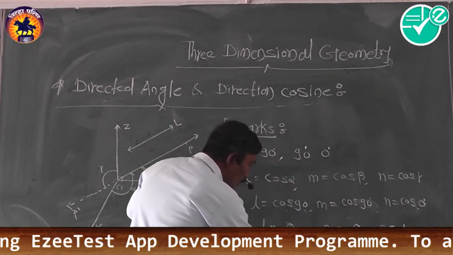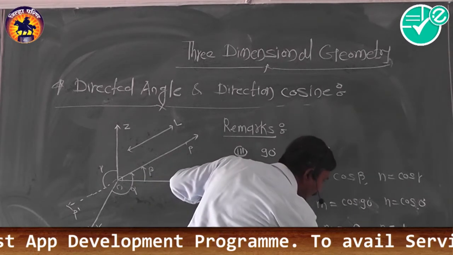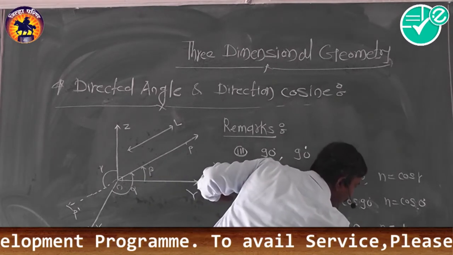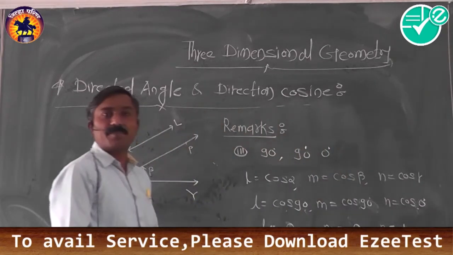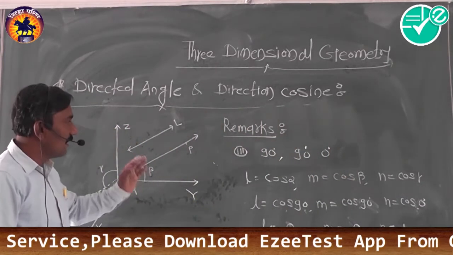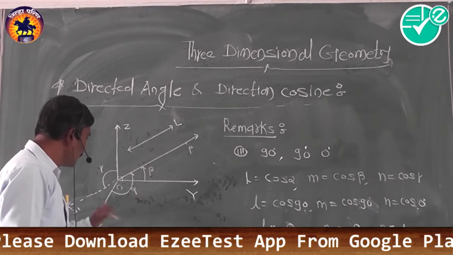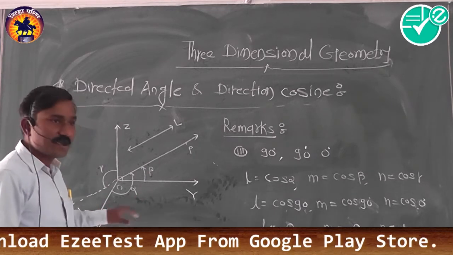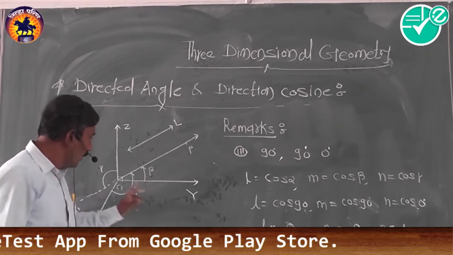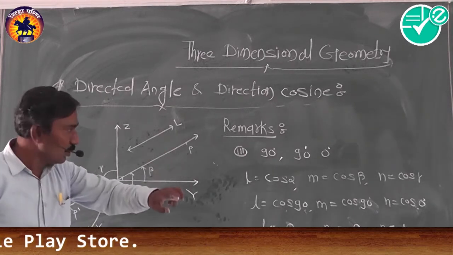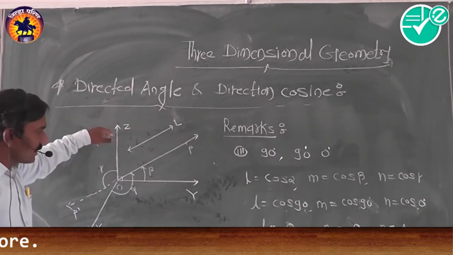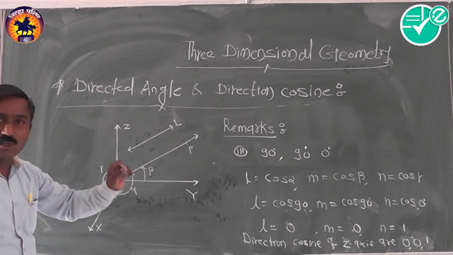Therefore the direction cosines of the z-axis are 0, 0, 1. So those are the remarks for the three axes. Direction cosines of the x-axis are 1, 0, 0. Of the y-axis are 0, 1, 0. Of the z-axis are 0, 0, 1.